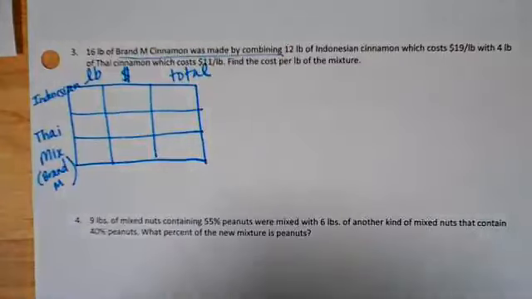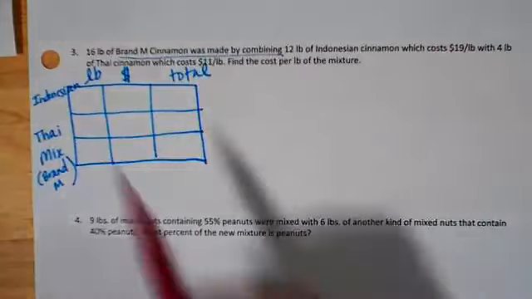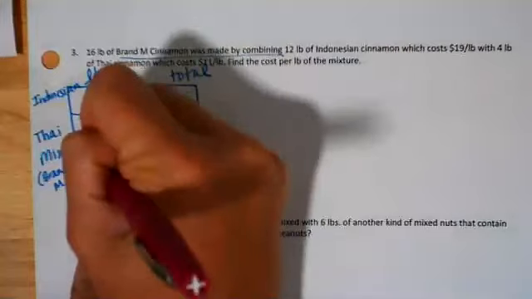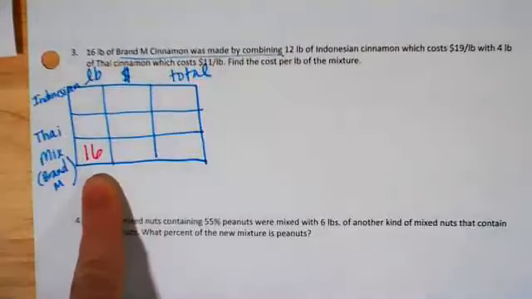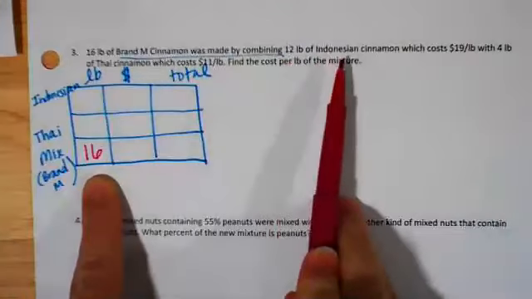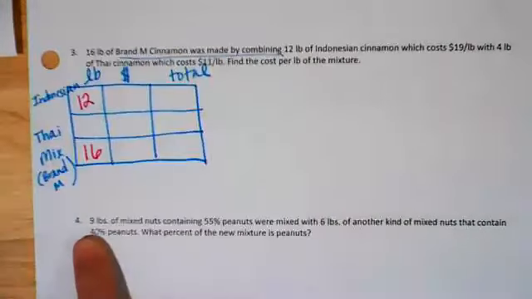First of all, 16 pounds of brand M cinnamon was made by. Remember, that's my mixture, and I have 16 pounds of it, so I'm going to put a 16 right in the spot here. Combining 12 pounds of Indonesian cinnamon, so in my Indonesian and pounds box, I'm going to put a 12, which costs $19 per pound.